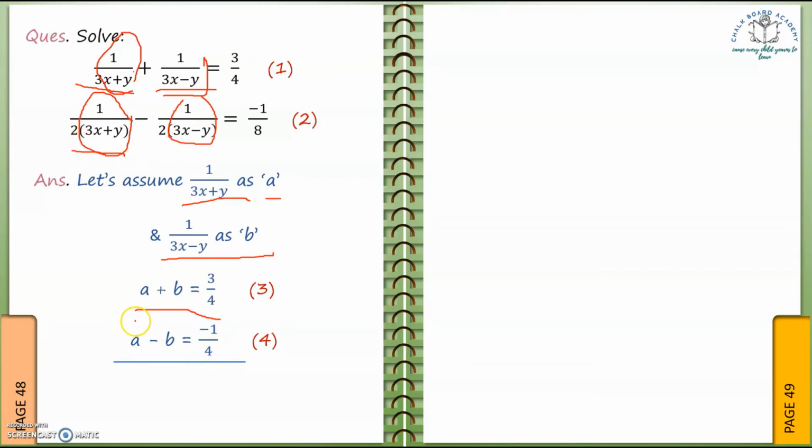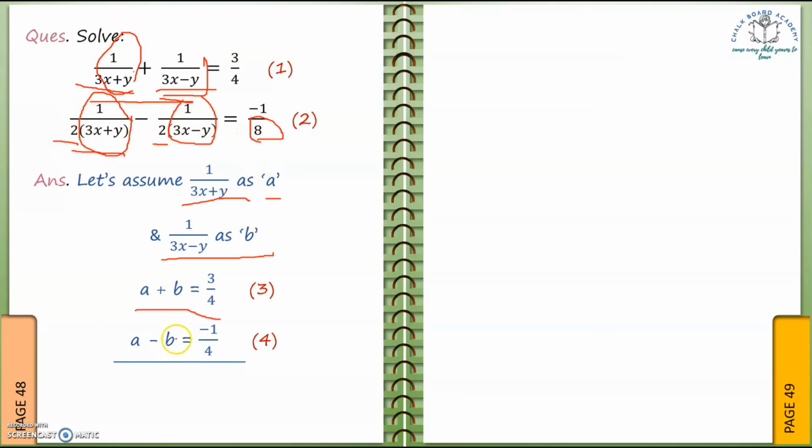Why? Because in this equation we can see that both terms have 2 as a common number, and the term on the right is also a multiple of 2. So we can simply eliminate them by taking it common and then dividing.